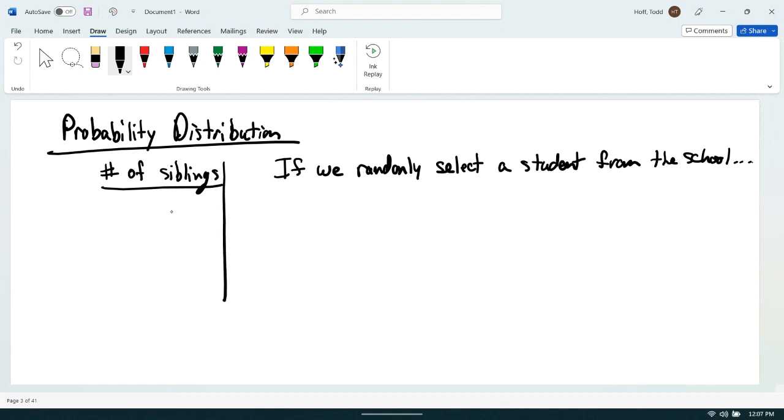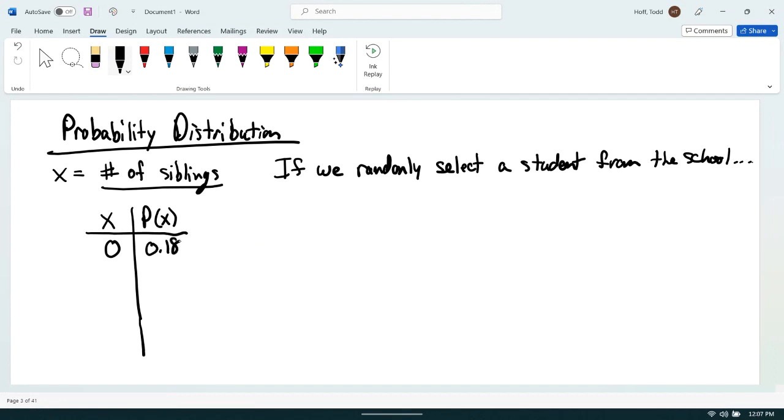So I'm going to list it like this. We're looking at number of siblings. X equals the number of siblings. So our values are X, and then we're looking at the probability P of X. The probability that that student has 0 siblings, in other words, they're an only child, is 0.18.